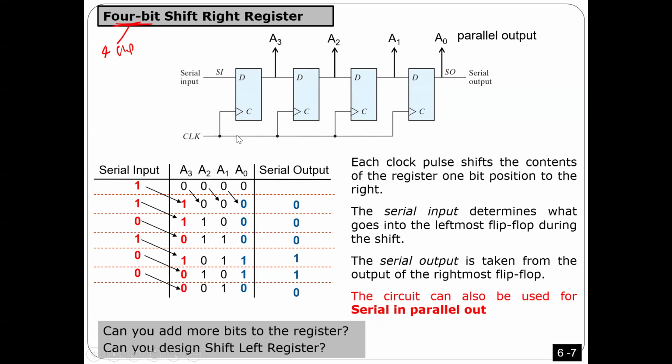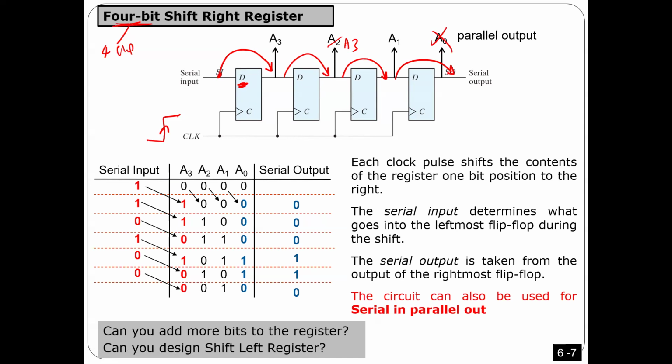All of them have the same clock. It's very easy. Why is it very easy? Look how it works. When you have a clock, whatever you have in the input of any D flip-flop will come to the output. A3 will come here, A2 will come here, and then the first one will be lost. So what I did, I used four D flip-flops.